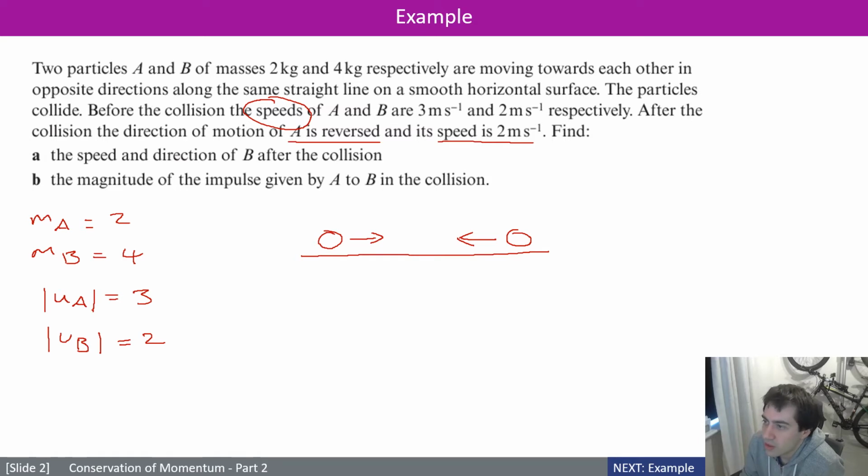So we could continue with this sort of notation with the mod, or we could just make an assumption. And in this case, I'm going to go with making an assumption. And that is, let's call the left one A and the right one B.